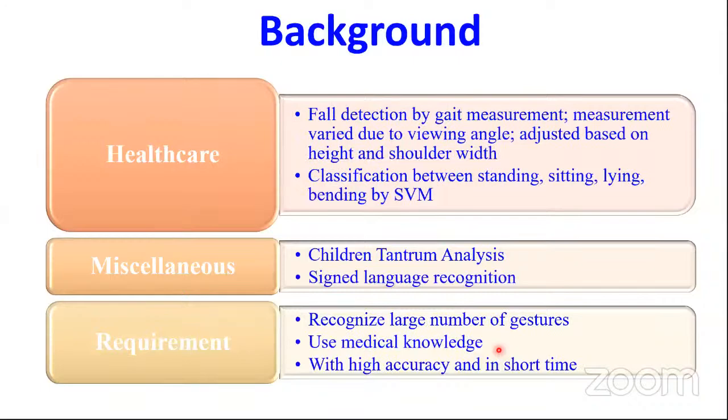Or suppose one person has a disorder and you tell them that they don't have any disorder, then also it will be very bad for society. So we need a high accuracy and the result in a short time span. This is the background of doing anything in the healthcare domain.